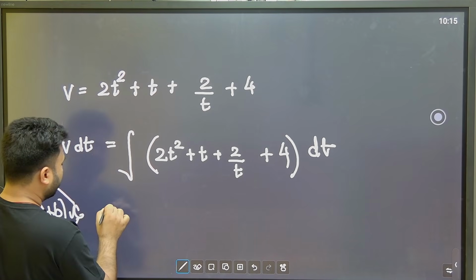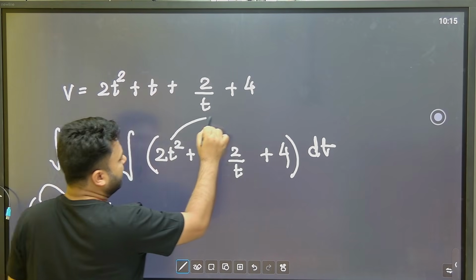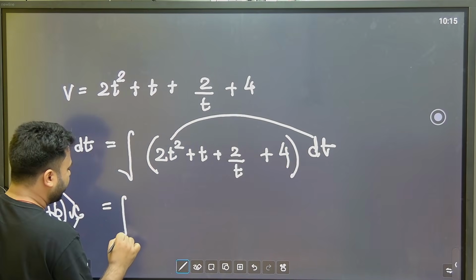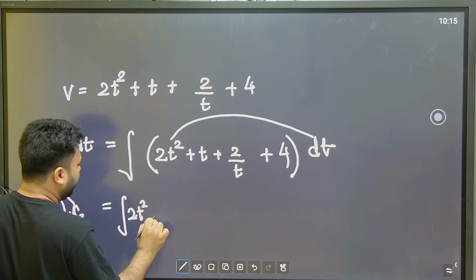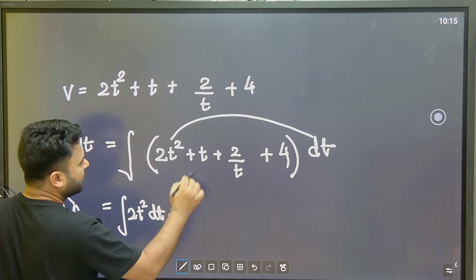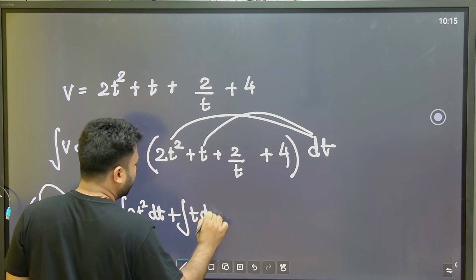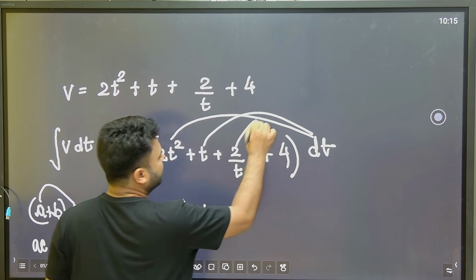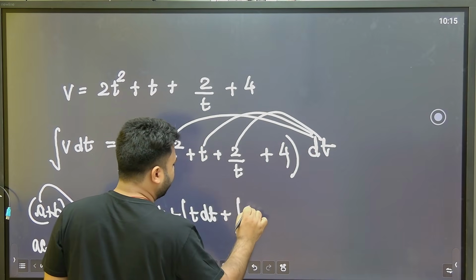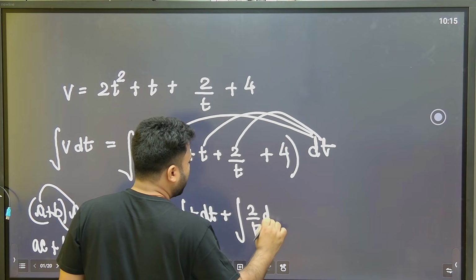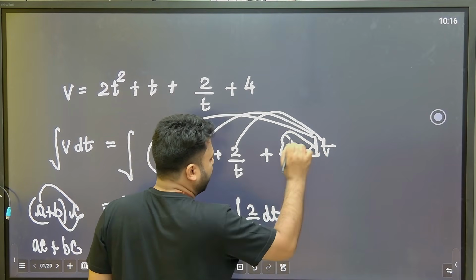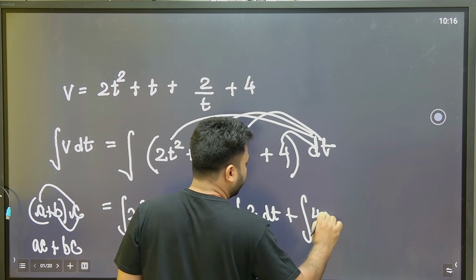Similarly here, this multiplied by dt. So we will write integration of 2t square dt plus this multiplied by dt, integration of t dt, plus this multiplied by dt, integration of 2 by t dt, plus this multiplied by dt, integration of 4 dt.